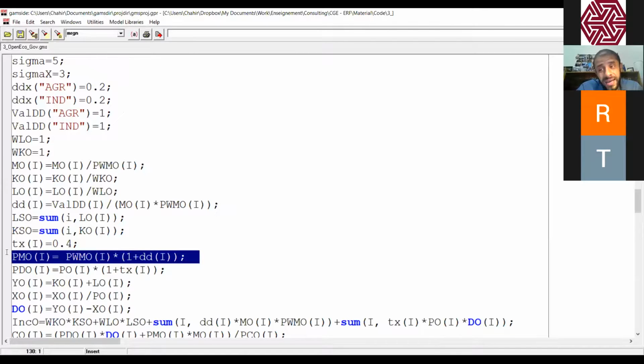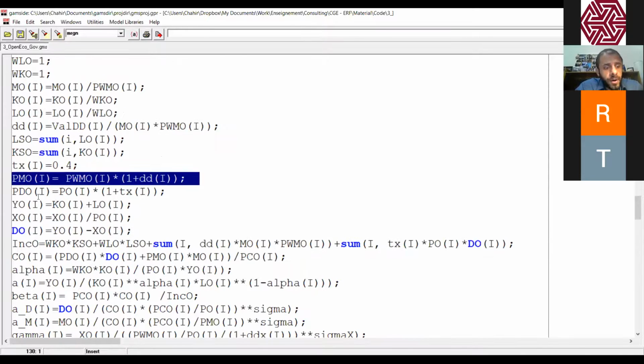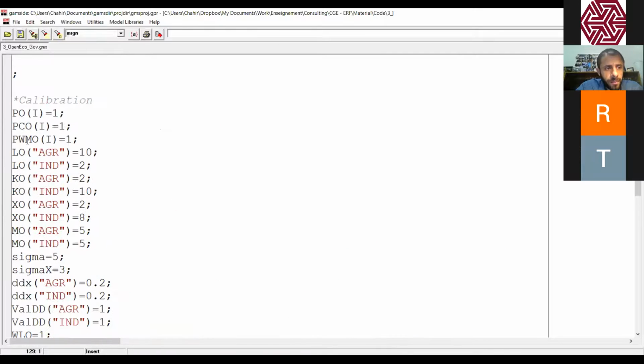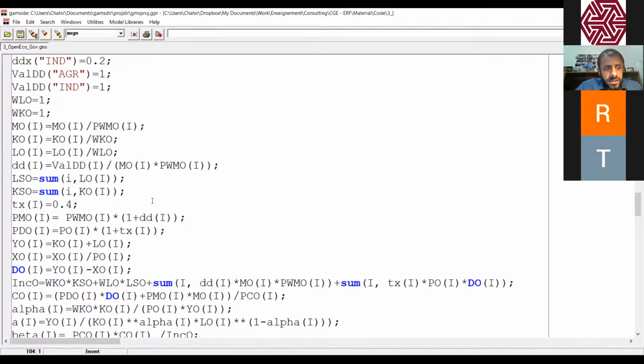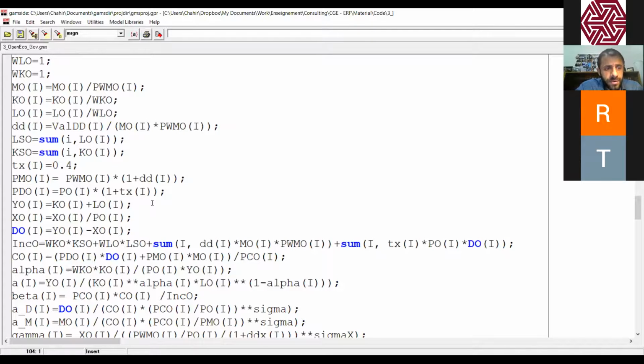And that's why I cannot say that the price of imports is equal to 1 because it includes custom duties. So I cannot normalize it to 1. Then the price of domestic goods will be the price of producer multiplied by the tax that we have here. So we announced the tax here and we declared the P above. So I can calculate the PD as a function of these 2 variables.